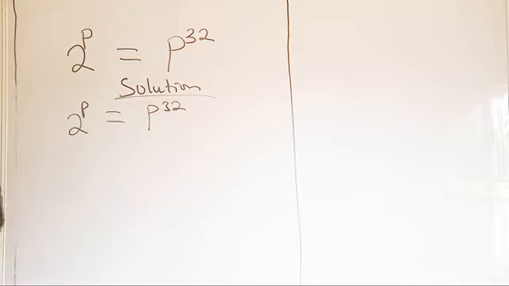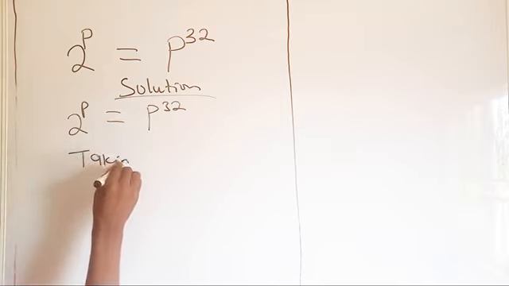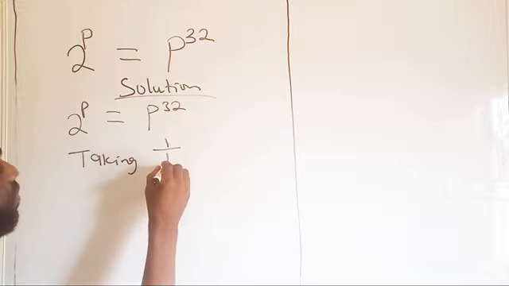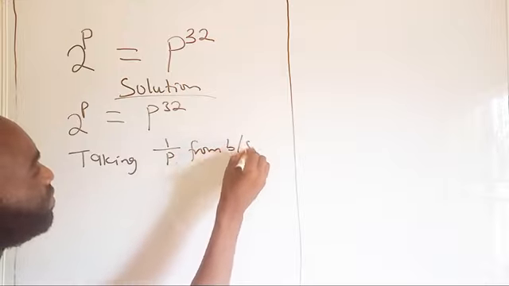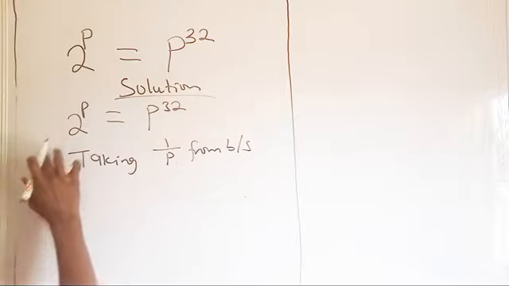Okay, so now we're taking 1 all over p from both sides. That is, we are taking 1 all over p from this side and this side as well.